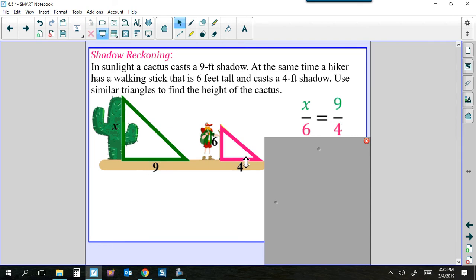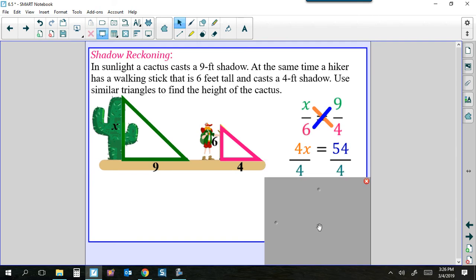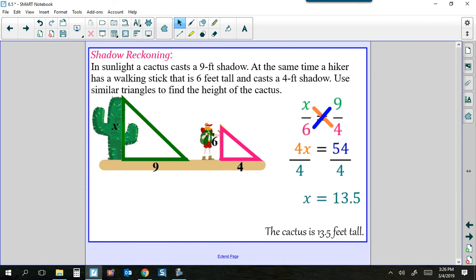I did big to small, so 9 to 4. From here, we cross multiply. So we have 4 times x is 4x, and 6 times 9 is going to be 54. And from here, you just solve the equation. We use the division property of equality to divide 4 on both sides, and we end up getting an answer of 13.5. So the cactus is 13.5 feet tall.